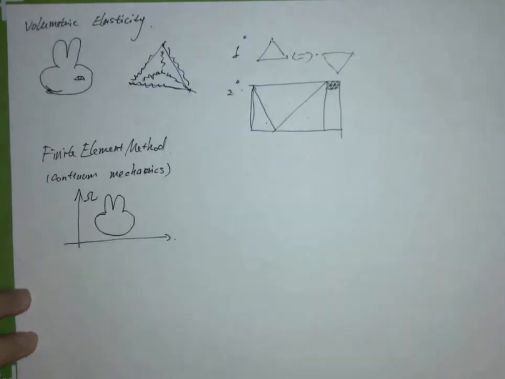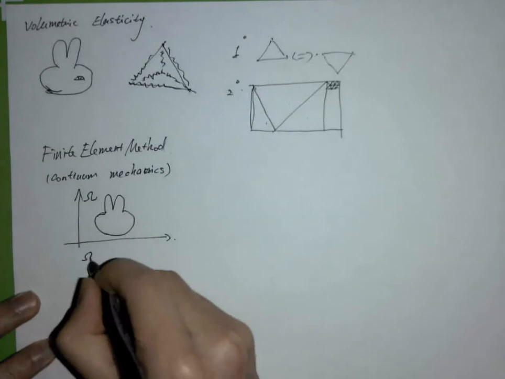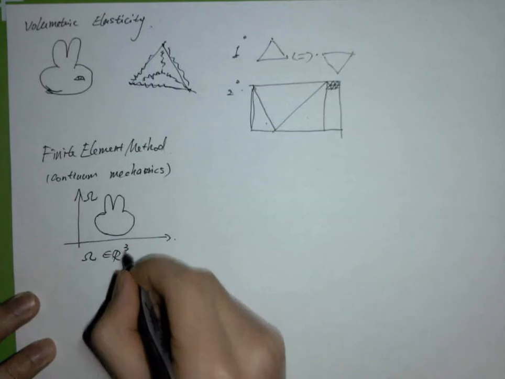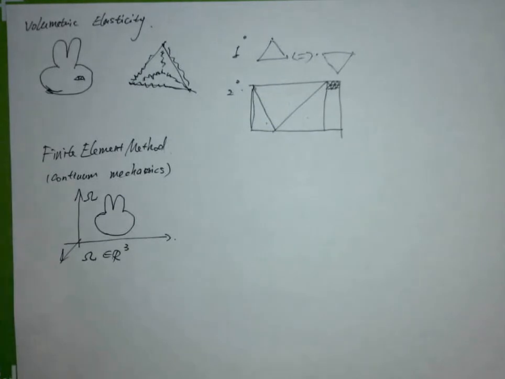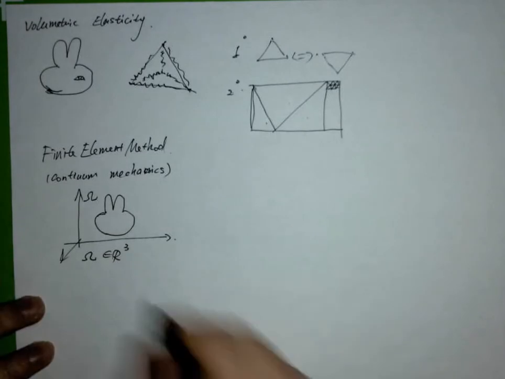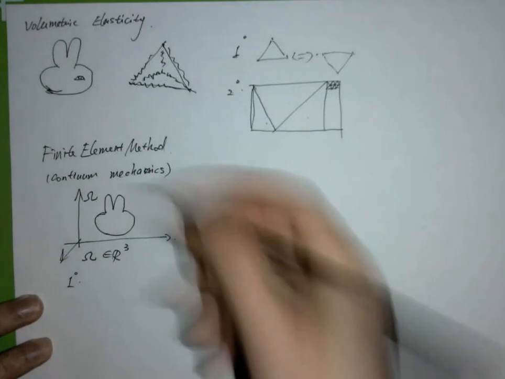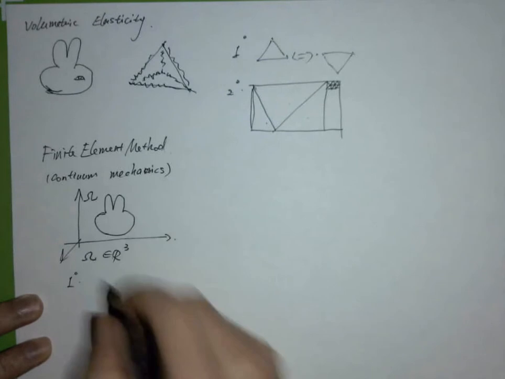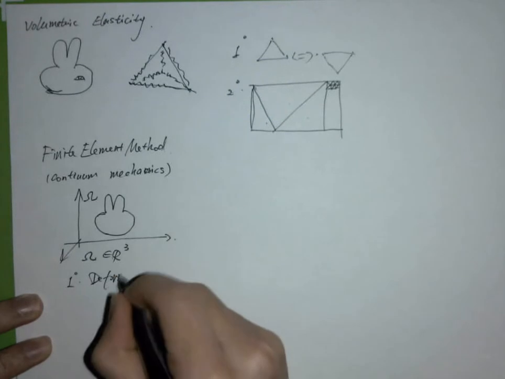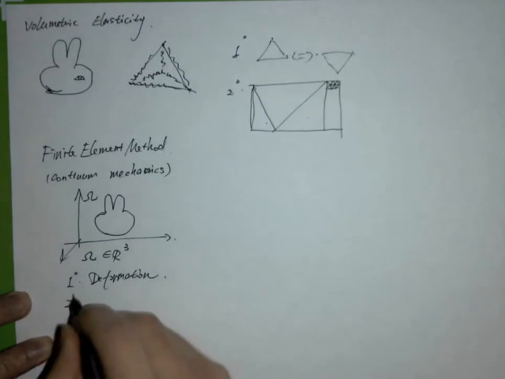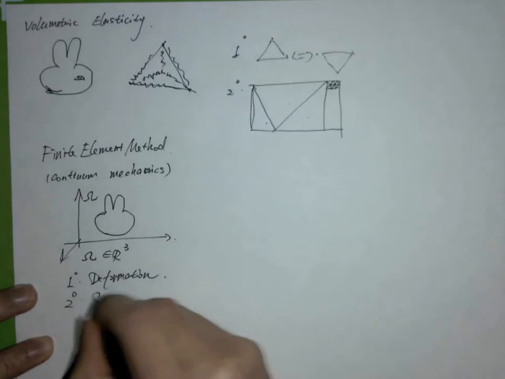This is a 2D mesh, Omega belongs to R2, or actually it's a 3D mesh if you can imagine it. This is a bunny head in 3D space. And the first thing we want to do is measure how the bunny is deformed from this rest shape Omega. We want to measure the deformation. And once we have the deformation, we want to have a strain measurement.